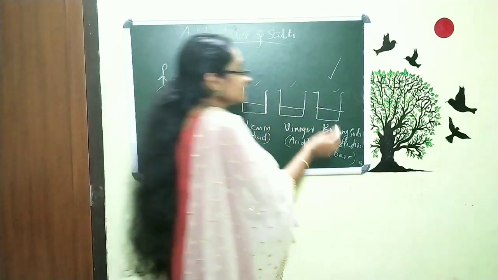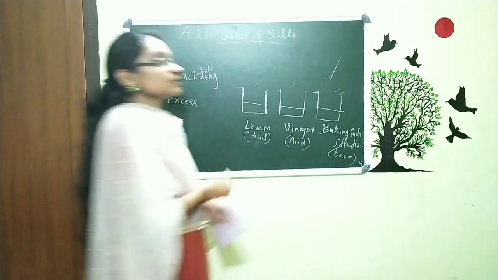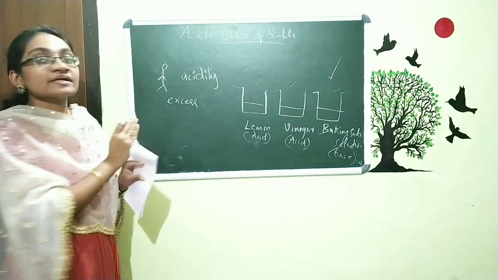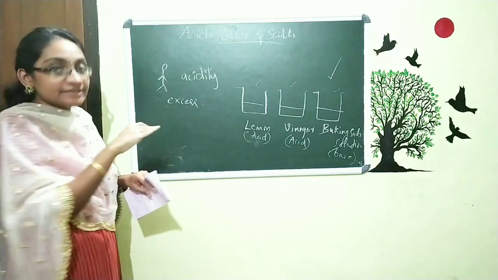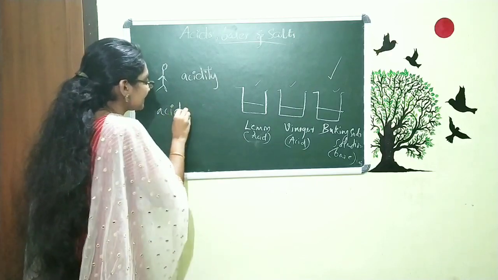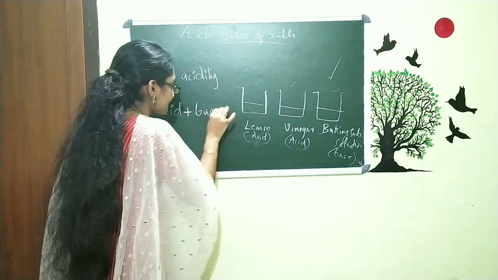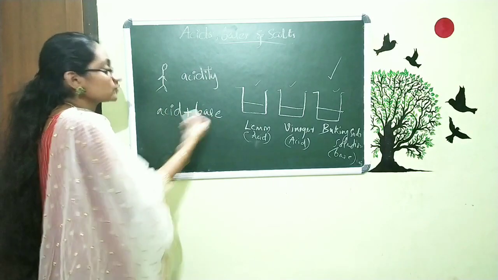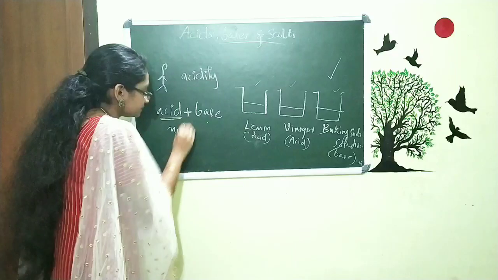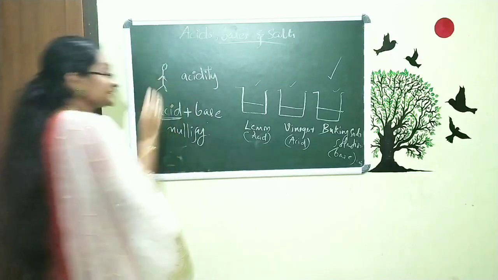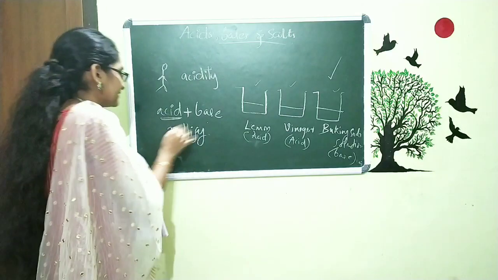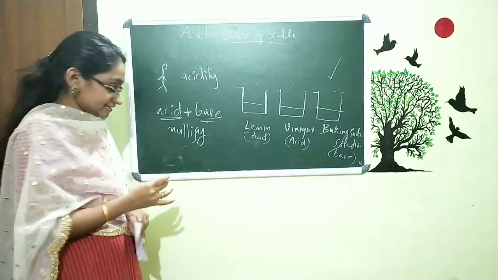And when he is having this baking soda solution, what happens? The effect will be nullified. That means when acid and base are added together, the effect of acid gets nullified. They cancel each other.